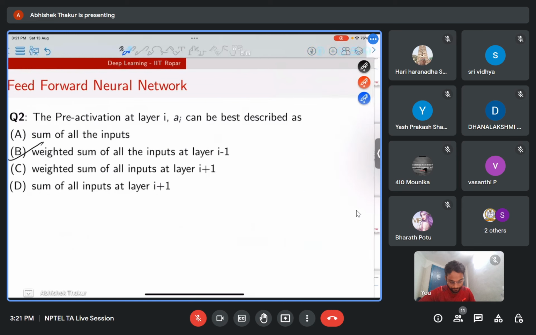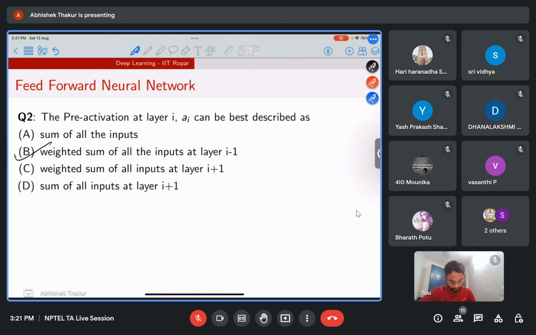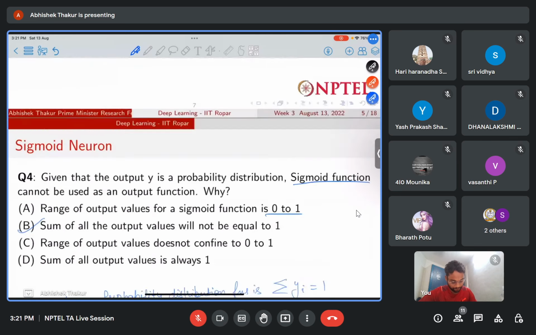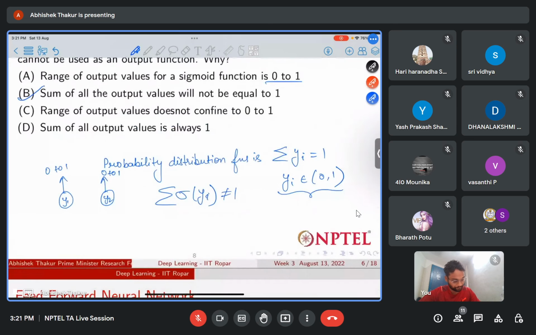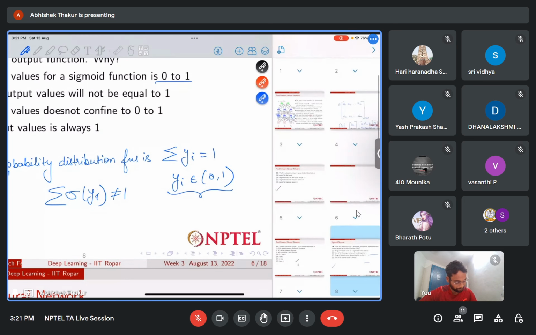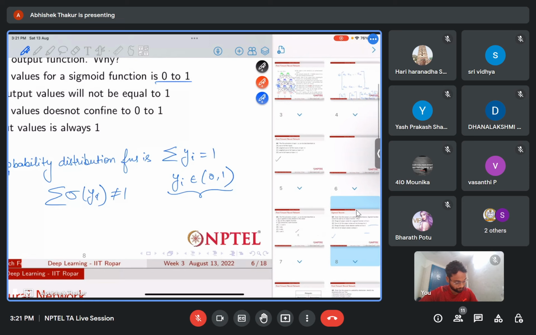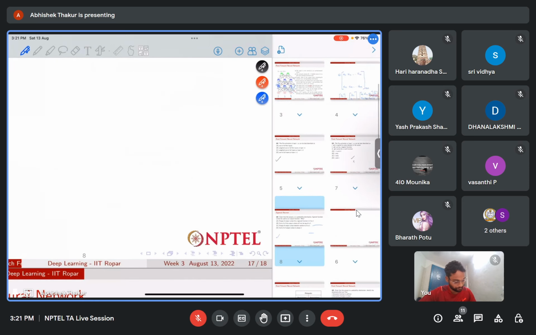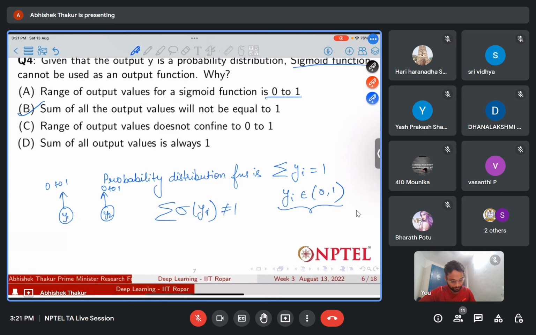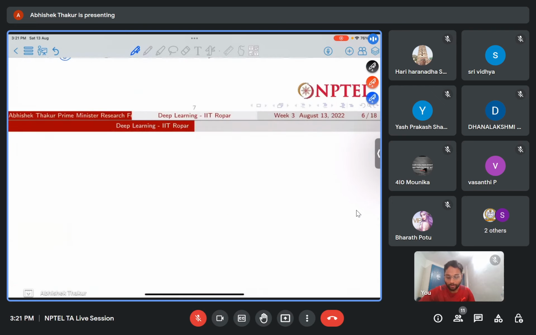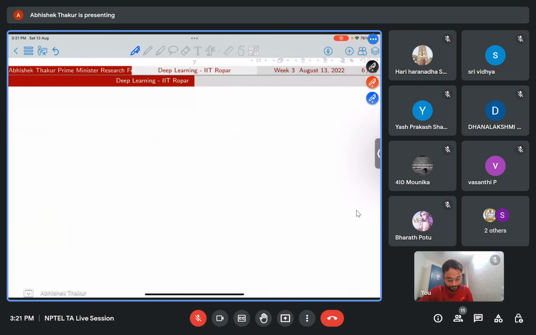I will just show you how. So how do we write our softmax function?